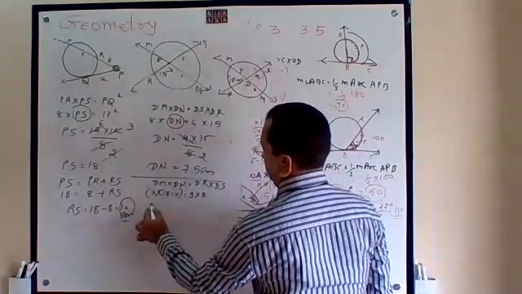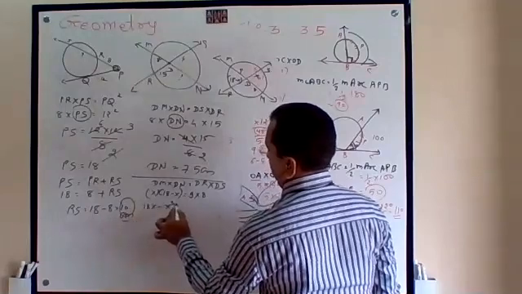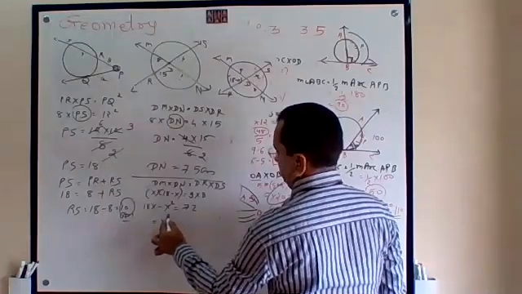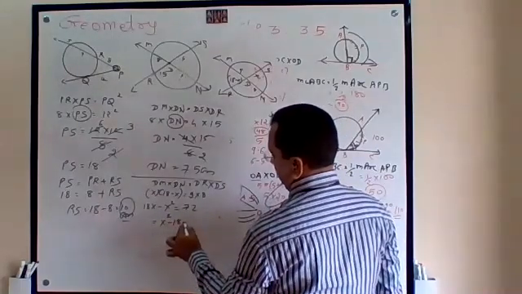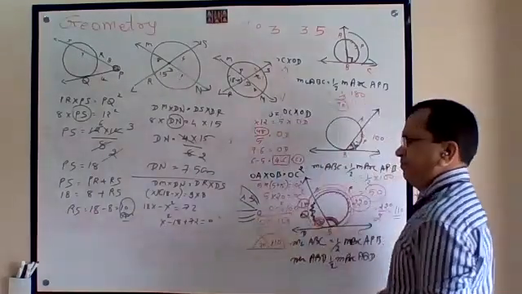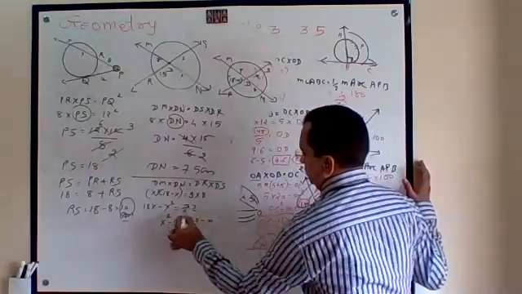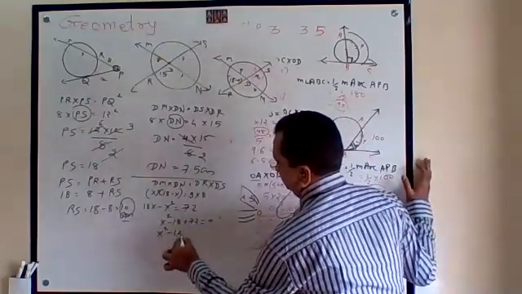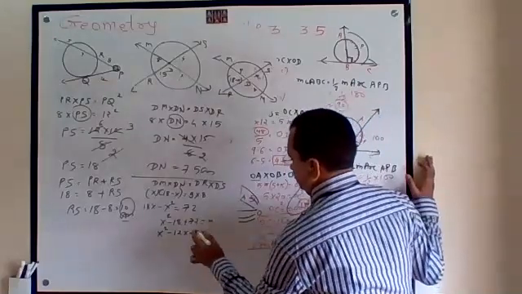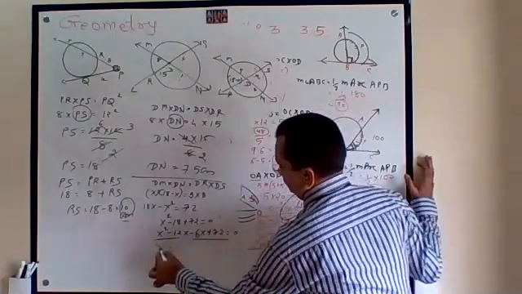So this is 18x minus x squared equals 72. So x squared minus 18x plus 72 is equal to 0. 12 sixes are 72, common of common.